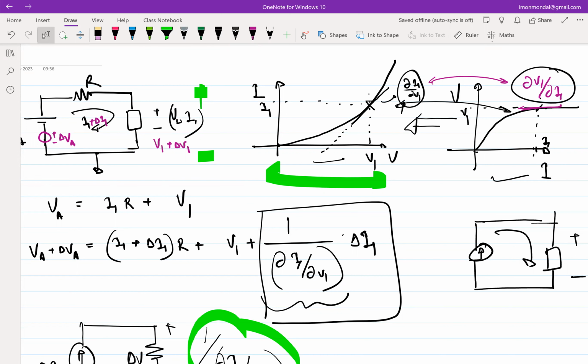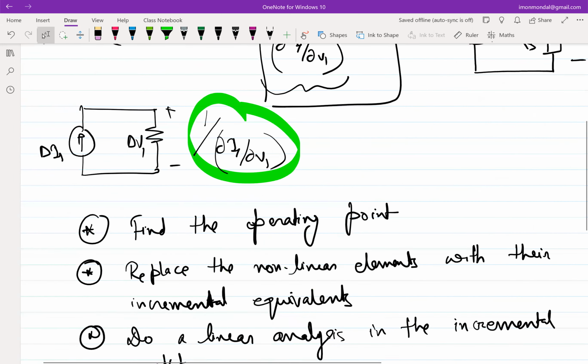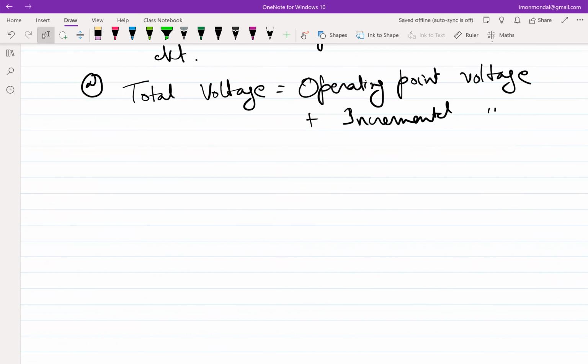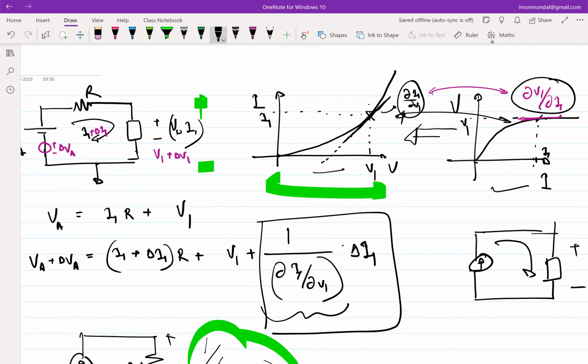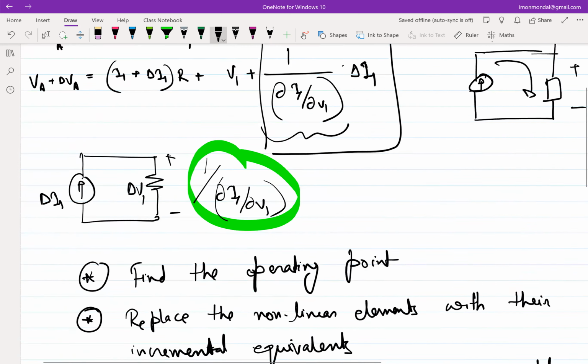The plus c term goes away, because I am trying to establish an incremental relation. What you are essentially pointing out is, we have y equal to mx plus c, because if I simply draw a tangent and try to establish the equation of that straight line, it will be y equal to mx plus c, right?